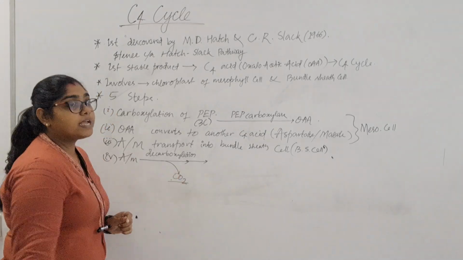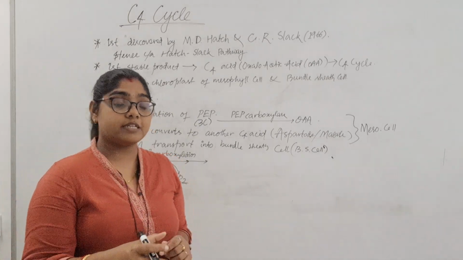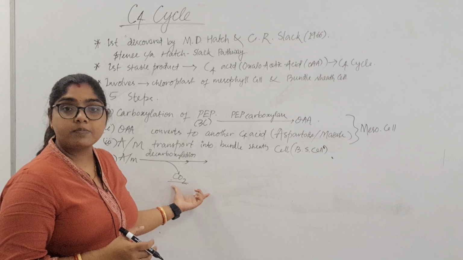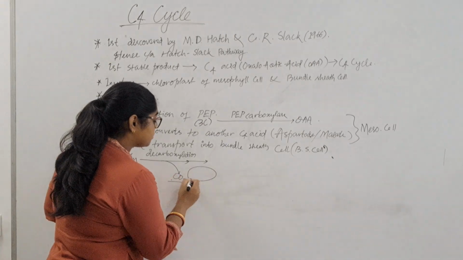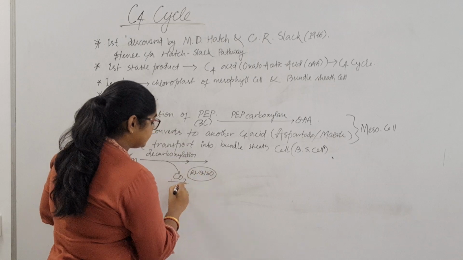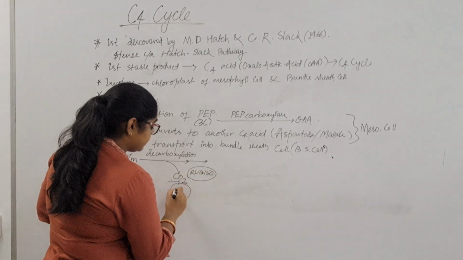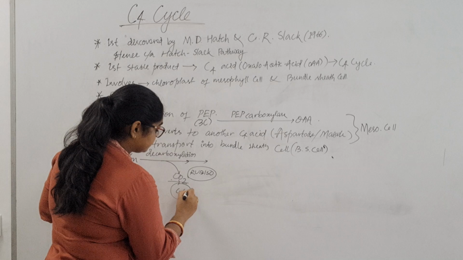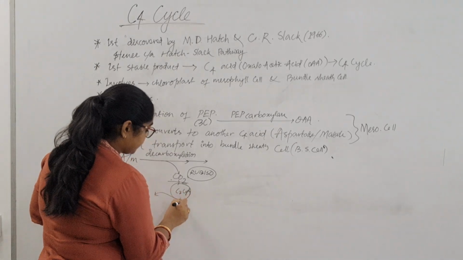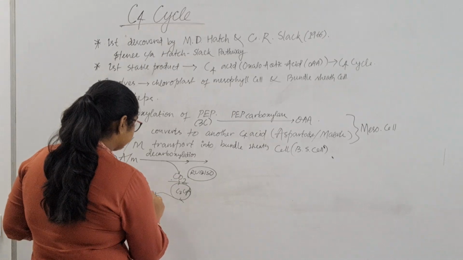Now this carbon dioxide, with ribulose 1,5-bisphosphate, will be carboxylated by RuBisCO, and it enters the Calvin cycle. Okay, it produces sugar.